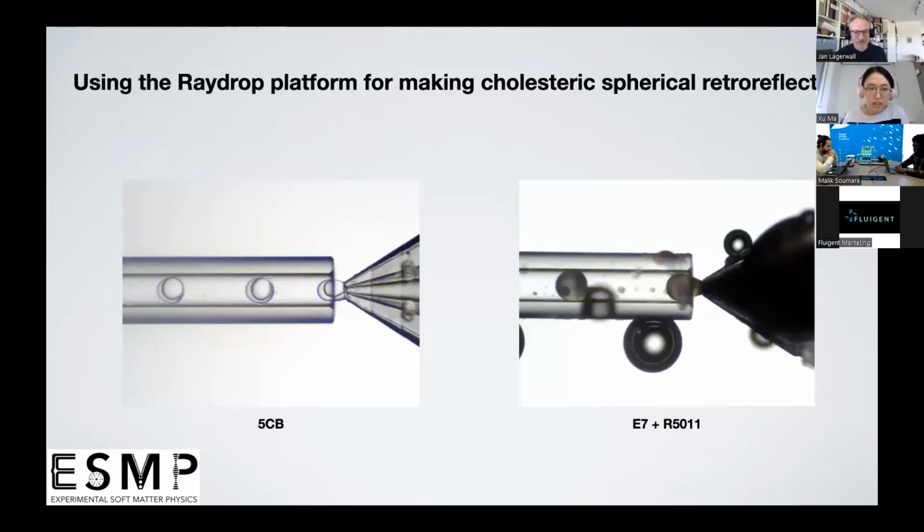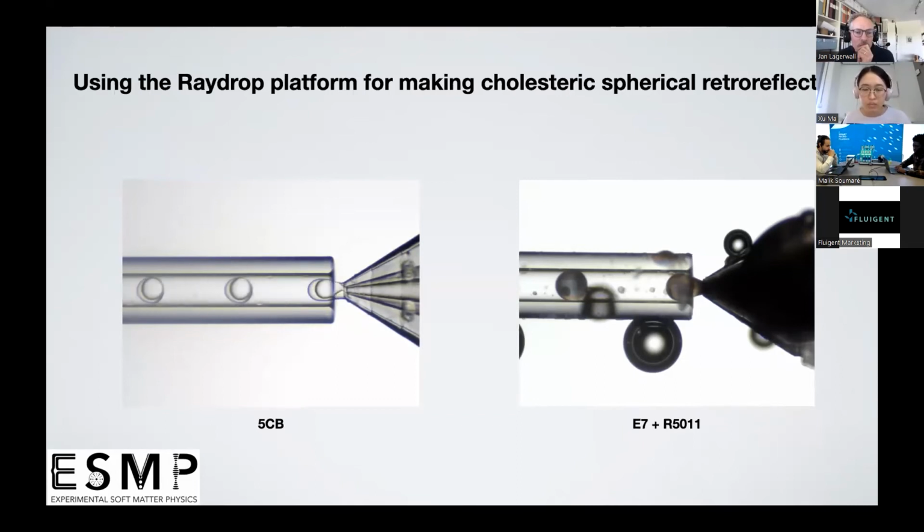In the meanwhile, we tried other liquid crystals to produce shells to practice using the Rejob platform. In the left video, here we try to use 5CB to produce liquid crystal shells. As we can see, it works well.